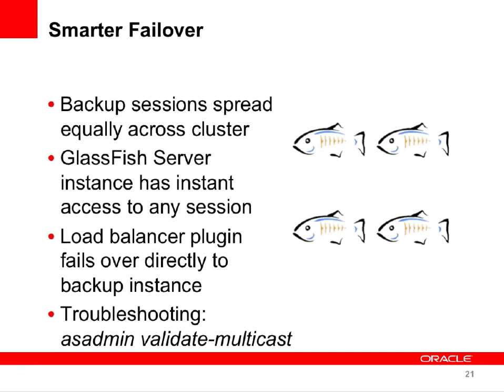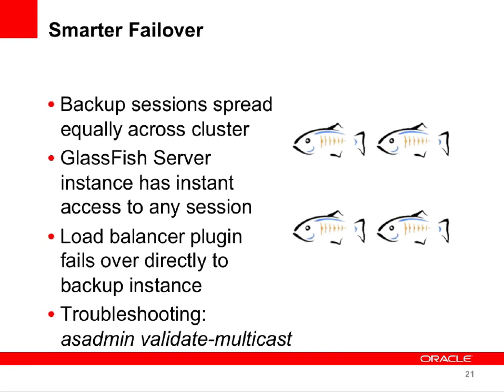I should also mention that to quickly determine which instance has the secondary or backup session data, we use what's called a consistent hashing algorithm. You can take the session ID and put it through the consistent hashing algorithm, and it'll come back with which instance that is running on.